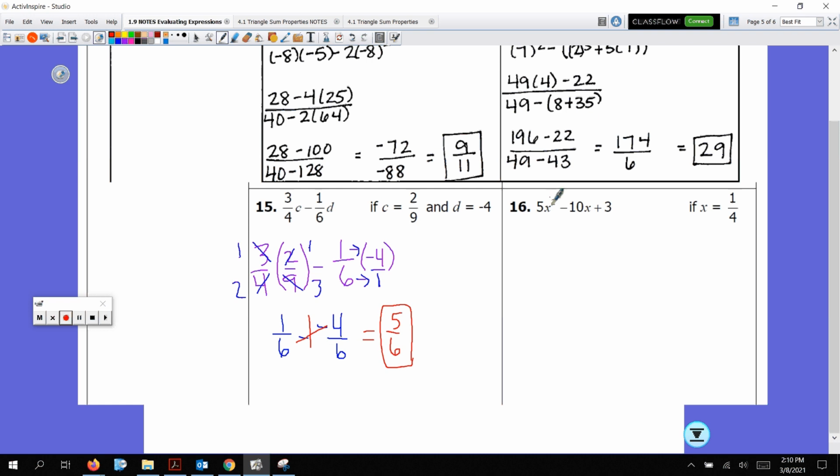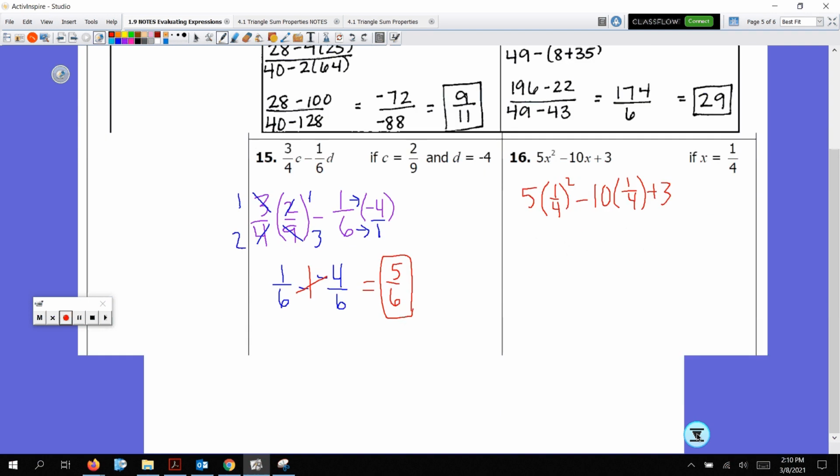All right, last one. X is equal to 1/4. So let's go ahead and plug that in. 5 times x squared, right? So I'm squaring 1/4, minus 10 times x, 10 times 1/4, plus 3. Ooh, this could get ugly, but let's just see what happens, all right?